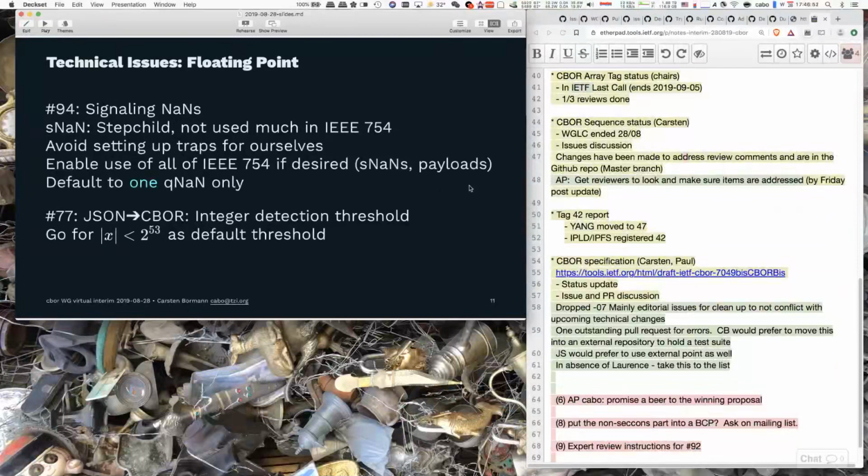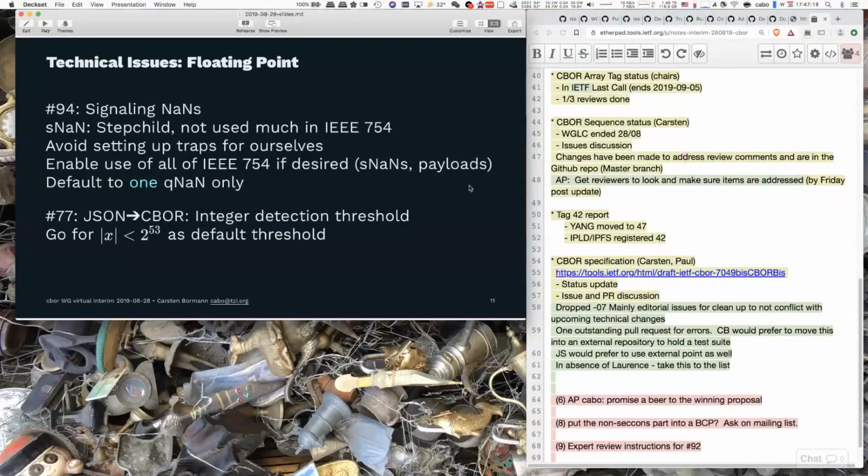And for those, we have the proposal to just use one quiet NaN. And there's actually text in there that says you should always use this one quiet NaN. But that's of course nonsense if you actually want to use more of the IEEE 754 functionality like NaN payloads and SNaNs and all that.